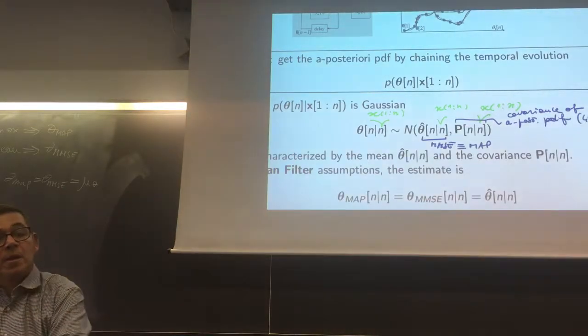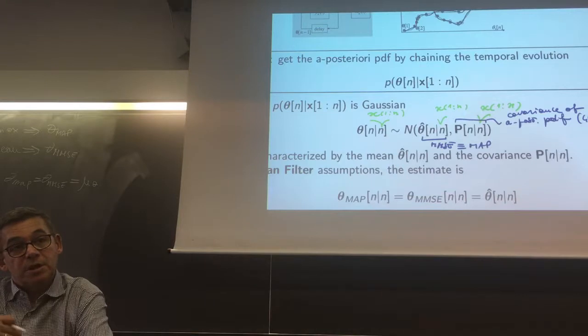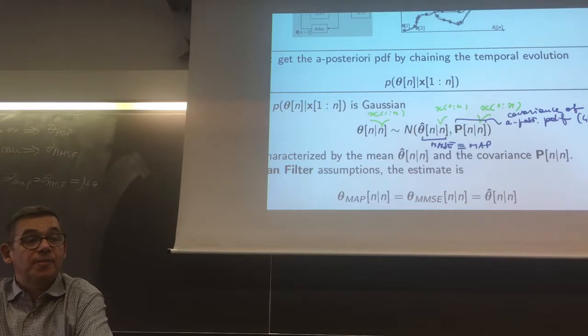Now my goal, my objective, is to see how to handle Bayesian estimation, mostly Bayesian tracking here, when everything is Gaussian.